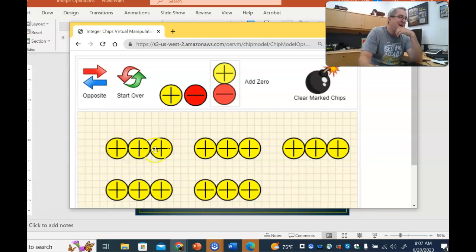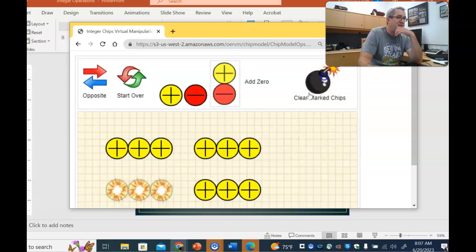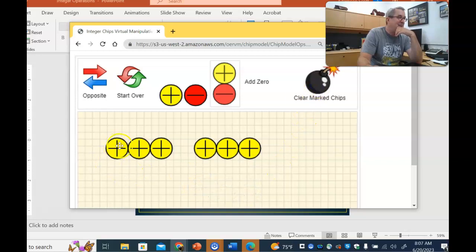So I can make copies of 3 all day long, and I'm not going to get -6. Let me get rid of all my extra ones here. But if I do the opposite, if I made all of these red instead, I guess I can't just do that, can I? All right, so I'm going to get rid of all of these.